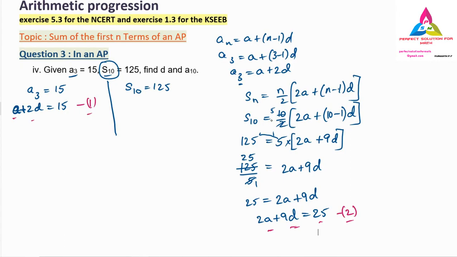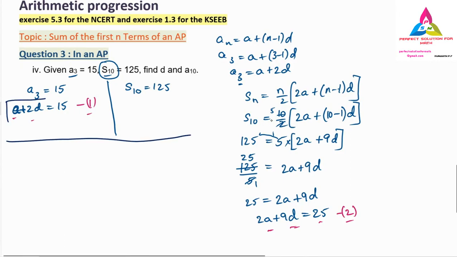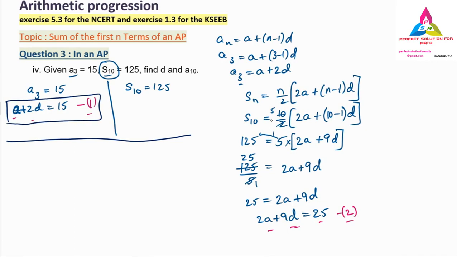I'm talking about this step because here one equation is this one and the second one is over here. Previously in 5.2 what we did was equation 2 minus equation 1, subtracting equation 1 from equation 2.